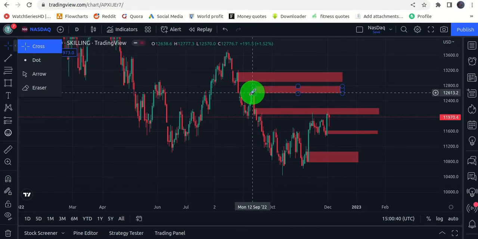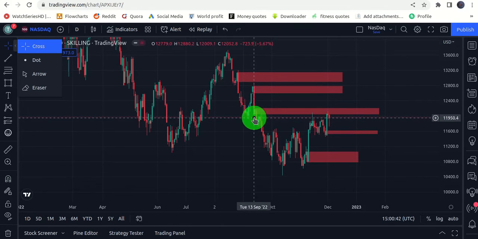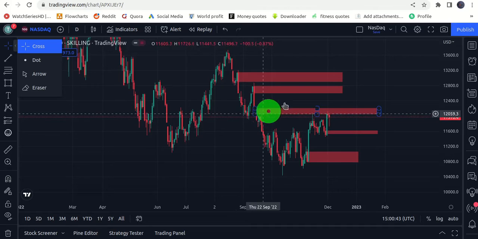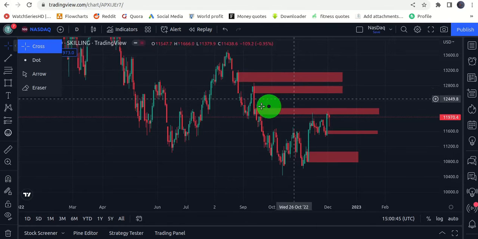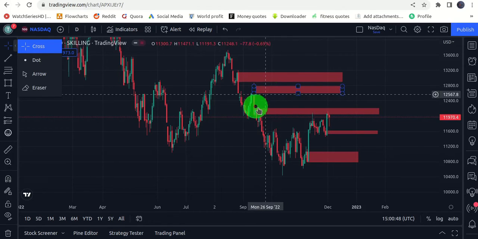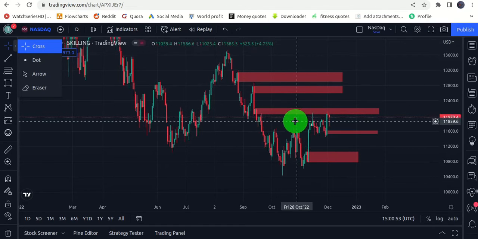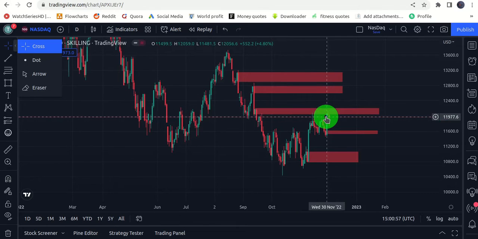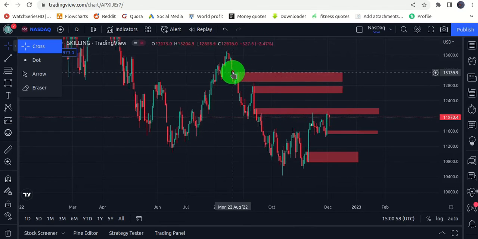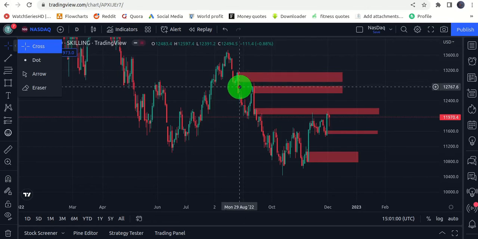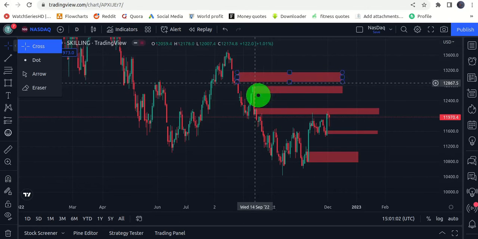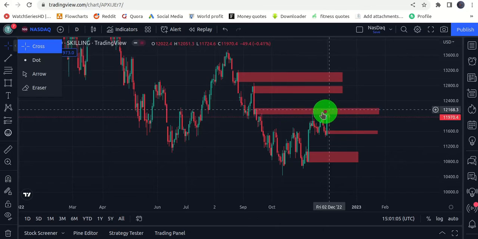From the green candle to the close of the red candle, it is called an imbalance. So there is no balance in the market. The way this concept works is that the market needs to come and fill that area. That's why you see sometimes after the market drops, it goes up again, fills that area, and then drops again. But I don't really trade the imbalances.